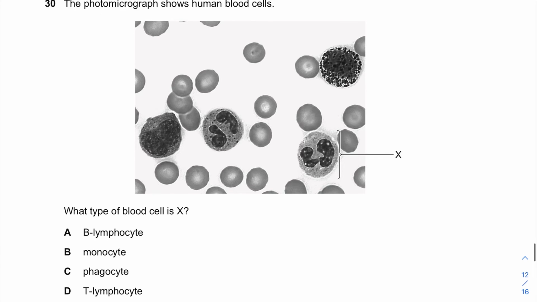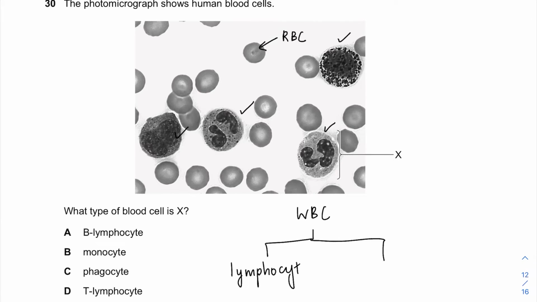The photomicrograph shows human body cells. What type of cell is X? So the small structure here is definitely our red blood cell. Here we have our white blood cell, and if you recall, white blood cells can be separated into lymphocytes and phagocytes.